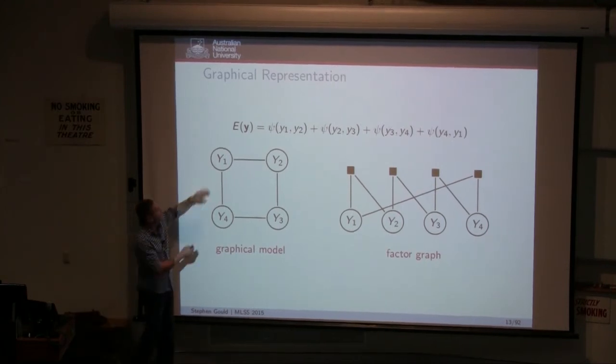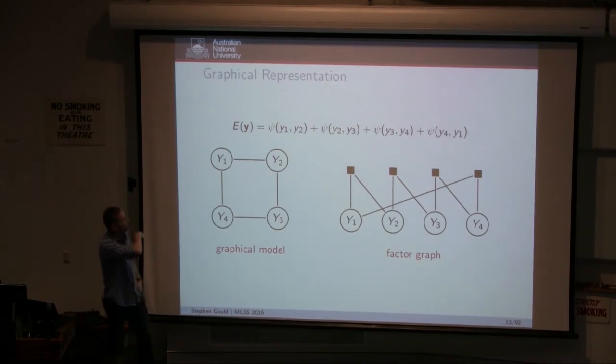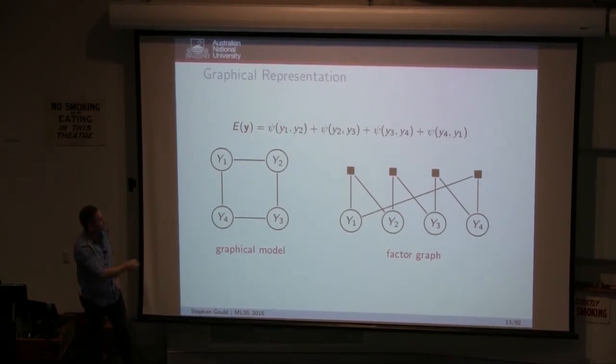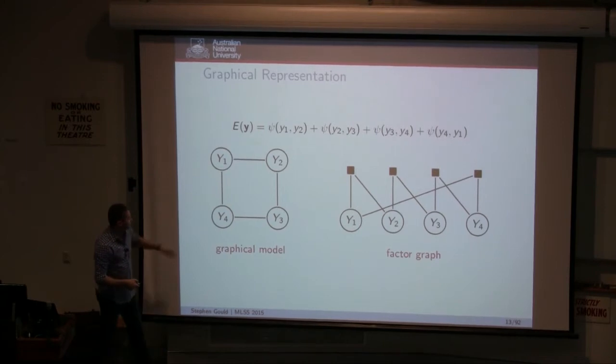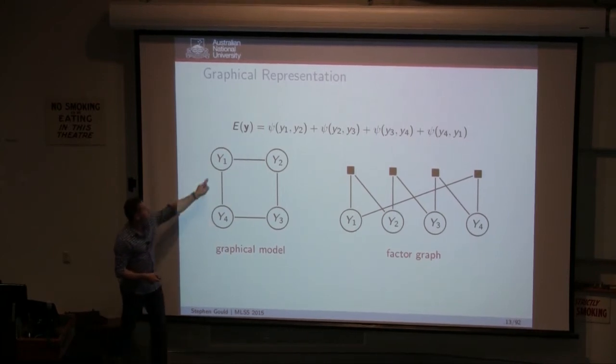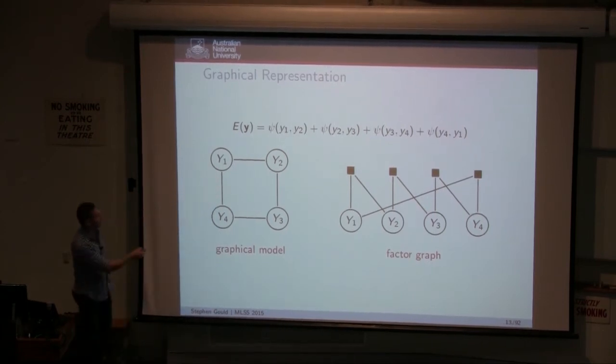And so if we have this example energy function over here over 4 variables, y1, y2, y3, and y4, let's say we have pairwise terms between pairs of variables, so a term between y1 and y2, between y2 and y3, and so on. So we can draw that graphical model in this way, where we have a node for each of the variables and an edge between any 2 variables that appear in the same clique potential. Okay, so here's a function over y1 and y2. We draw an edge between y1 and y2.